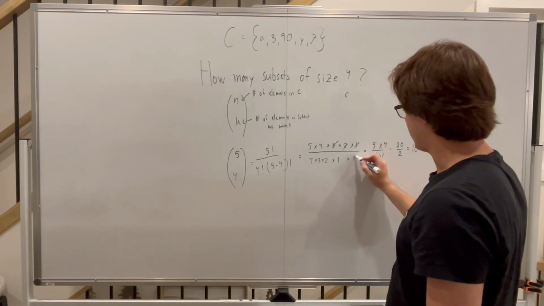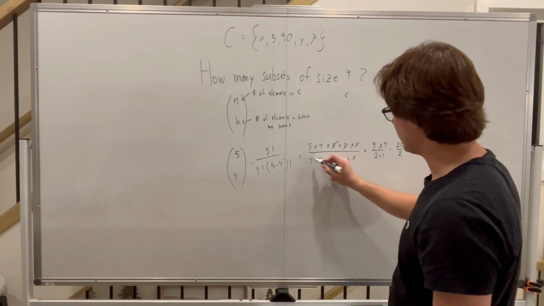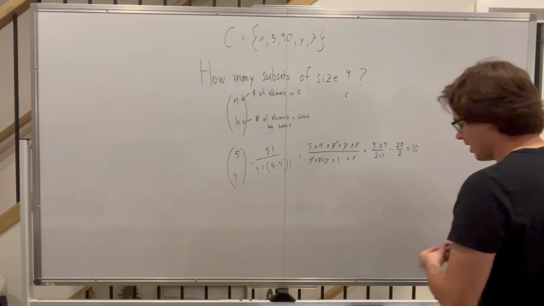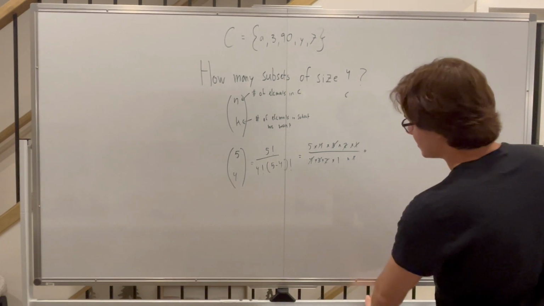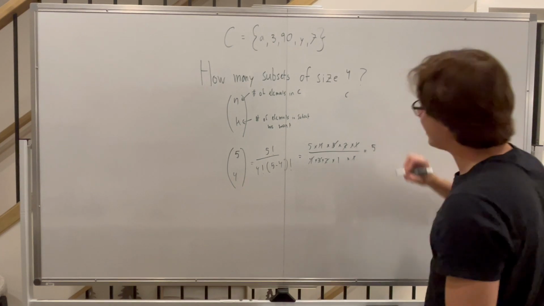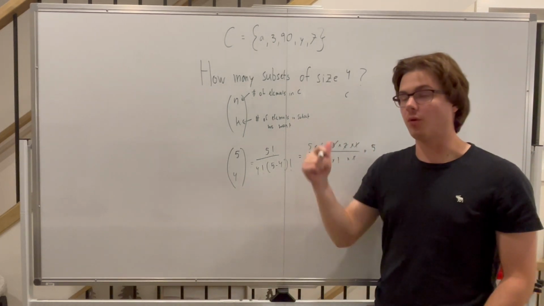And you'll notice that the 1 cancels, the 2 cancels, the 3 cancels, and this time the 4 cancels. And what you find is the same set C, in fact, has 5 subsets of size 4.